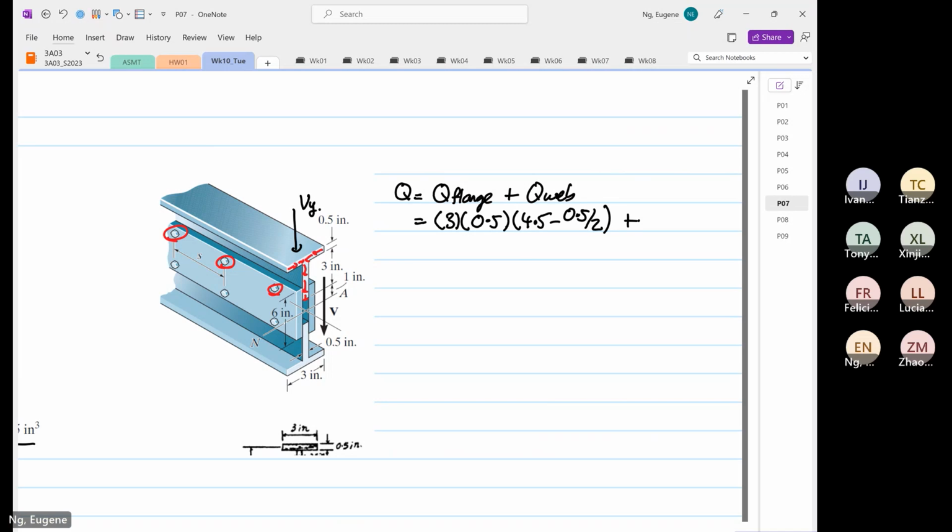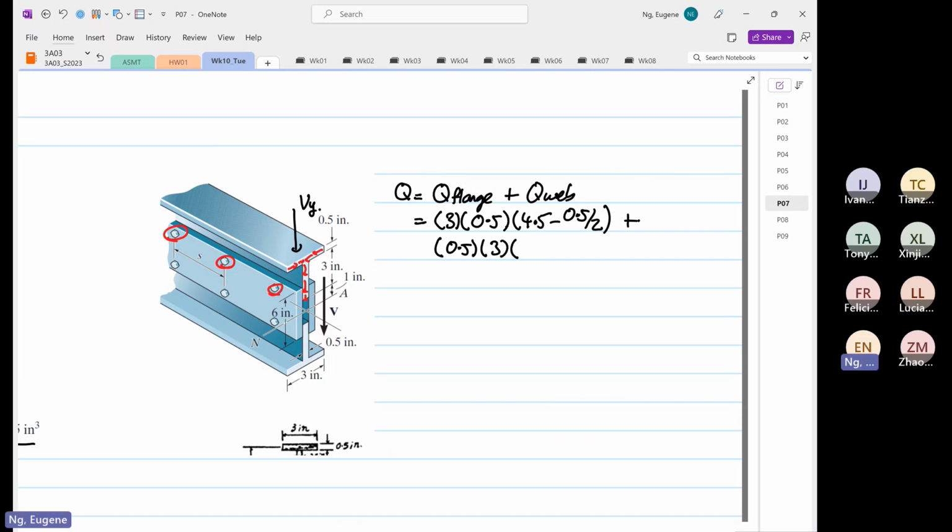Plus, wait, I might have got it wrong. No, it's correct. For the web, the width is 0.5 and the depth is 3.